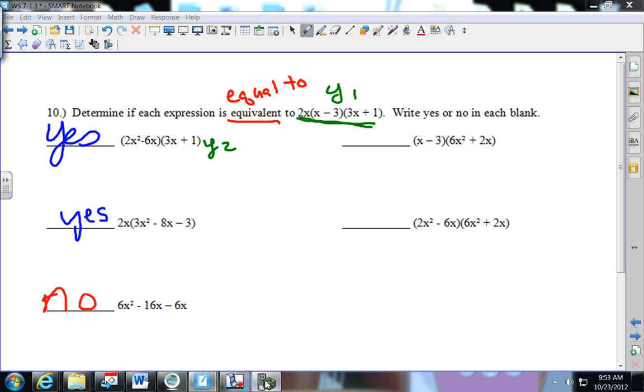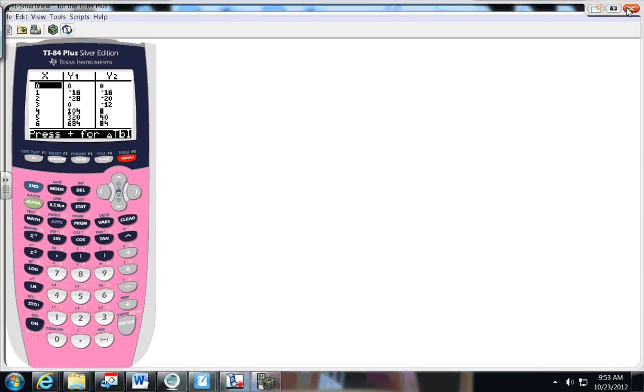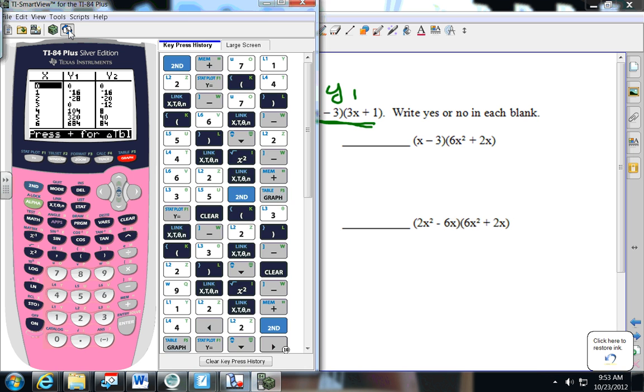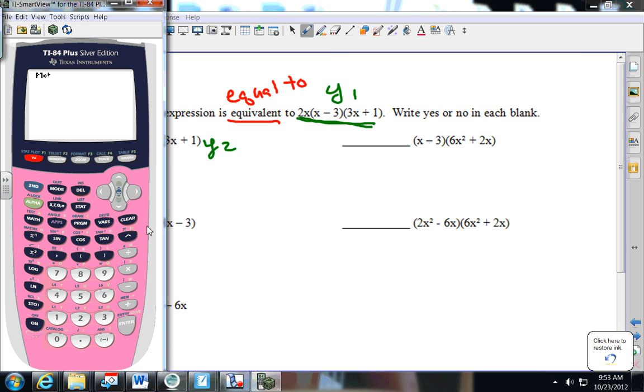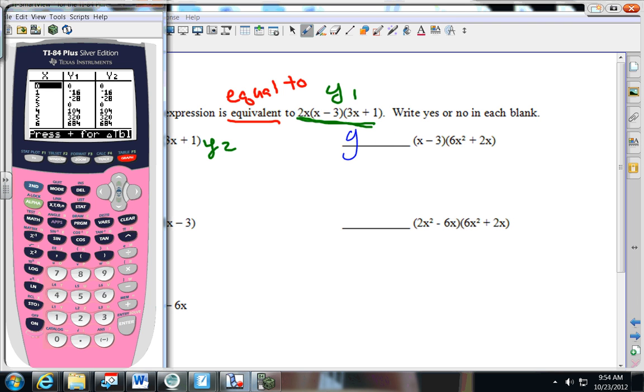Going to the next one. Going to y equals. Go to y2. I have x minus 3 times 6x squared plus 2x. Second graph. y1 and y2 are all the same, so yes, this is equivalent. Now we go and try the next one.